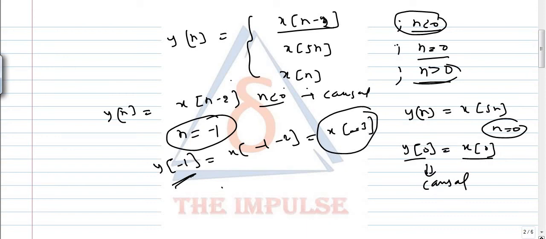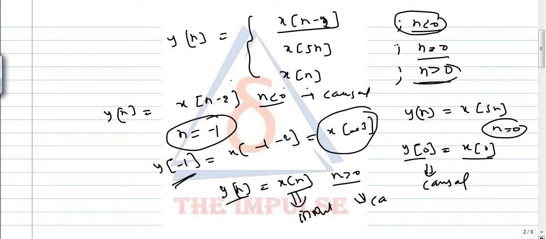Now check the last one, y[n] equals x[n] when n is greater than 0. If we put positive time here, then my output depends only upon the present value of input. So this system is again causal. So for all times, this system and this system is causal. So the split system overall is causal.